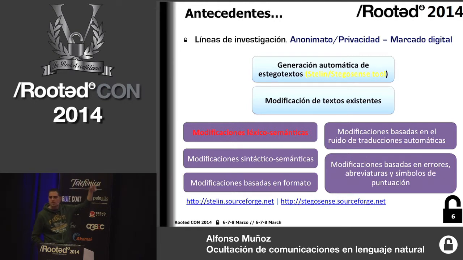The other line is modification of existing texts. And here you can think about anything. I'm going to measure whether an adjective comes with a verb or an adverb, etc. I studied many of those things, but I reached the conclusion that you really needed thousands of words to hide just a small number of bits. So I decided to put it aside. Perhaps I will go back to it in the future.